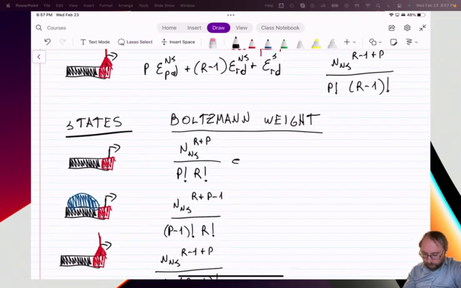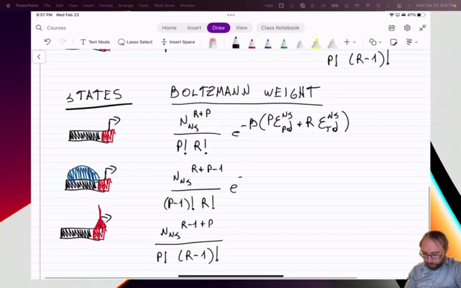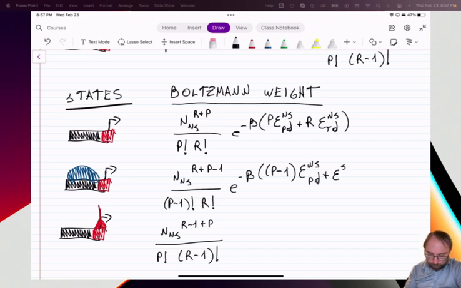So this is e to the minus beta P epsilon non-specific polymerase to the DNA plus R epsilon non-specific repressor to the DNA. This is e to the minus beta P minus 1 epsilon non-specific polymerase to the DNA plus epsilon specific polymerase to the DNA plus R epsilon non-specific repressor to the DNA.